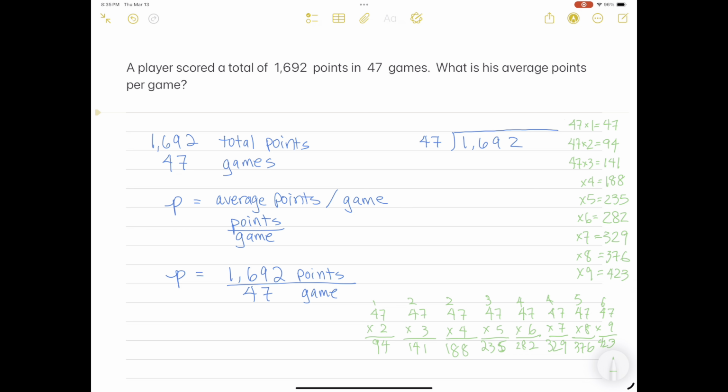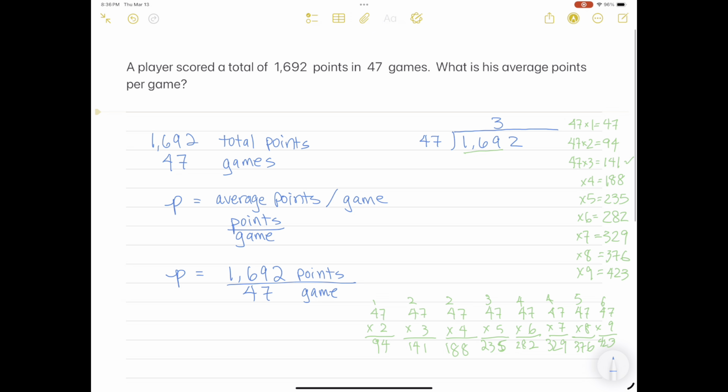So now I'm ready to do the division problem, now that I've done the multiples from 1 through 9 of the divisor. And 47 goes into 169 3 times. I write the 3 above the 9 on the quotient line.